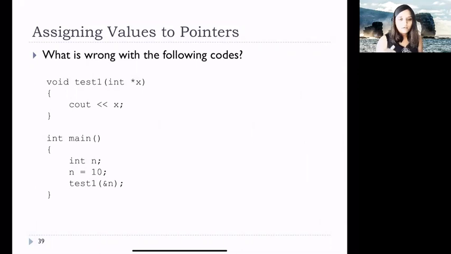Here there is another example for you to play with. There's something wrong with this. Identify it soon. The best way to learn pointers is by learning the mistakes that are most prone to happen while you're using pointers, and that's how you would not make those mistakes.